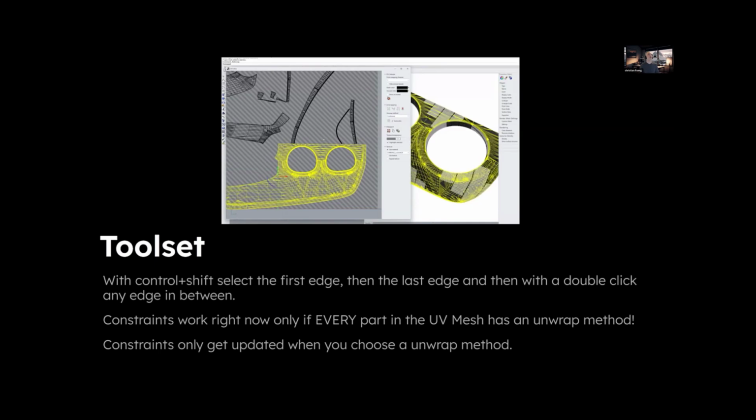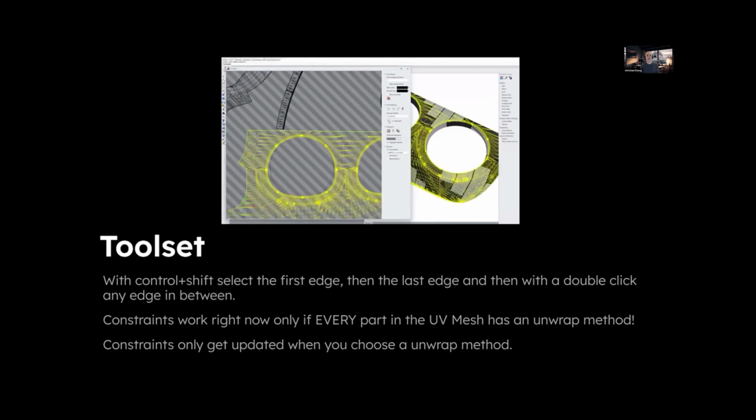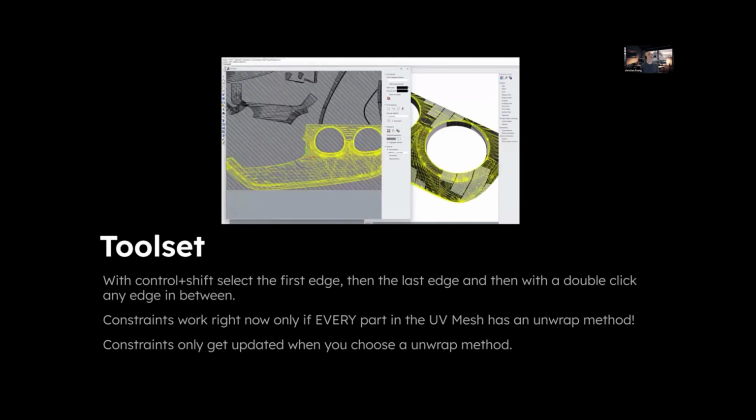And what you see in the video, you need an unwrap method for that. If you don't have an unwrap method, it won't work. And also there's kind of a bug right now in the system, that if any of your UV islands doesn't have an unwrap method, it won't work again.